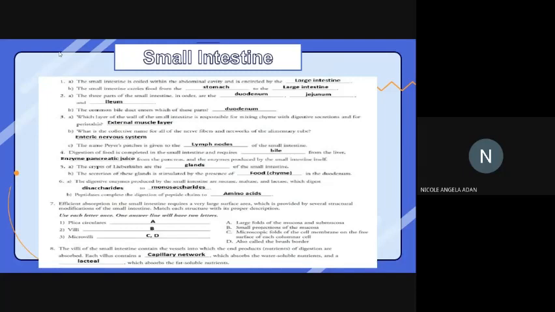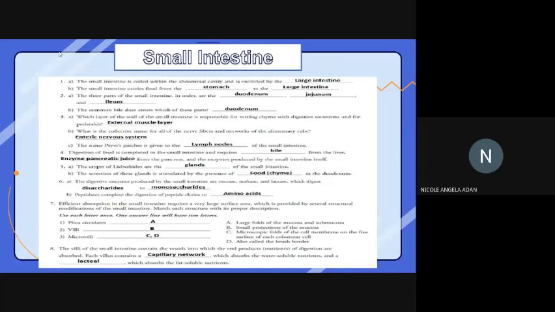For letter B, what is the collective name for all of the nerve fibers and networks of the alimentary tube? The answer is enteric nervous system. For letter C, the name Peyer's patches is given to the lymph nodules of the small intestine.